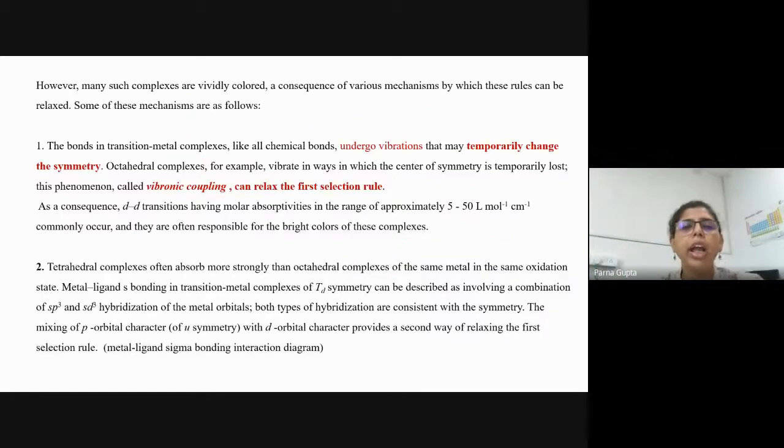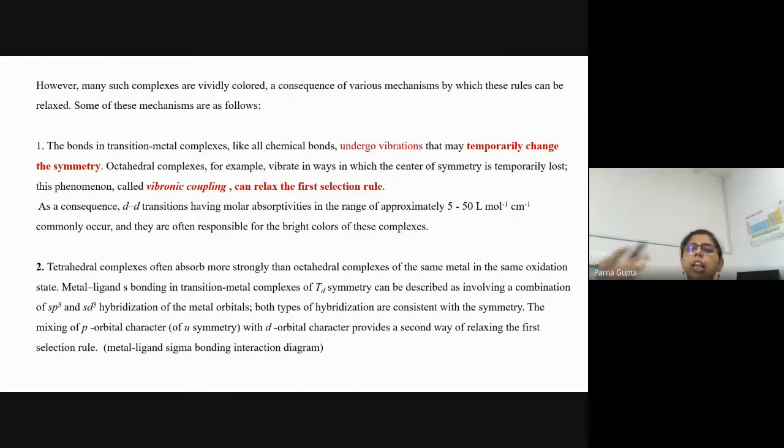So what happens is that the chemical bonds also undergo vibration. For these reasons, the centrosymmetry, the symmetry of the molecule, changes a little.